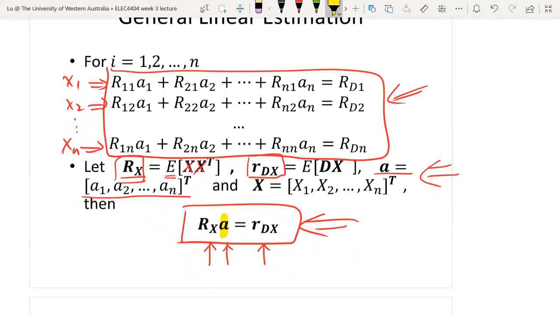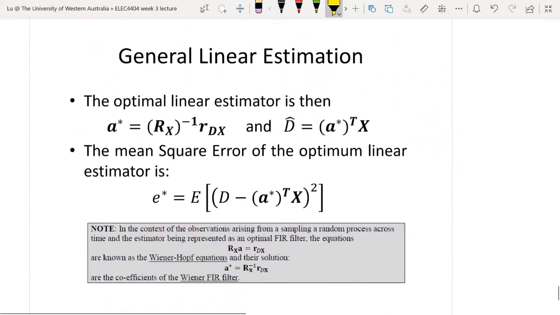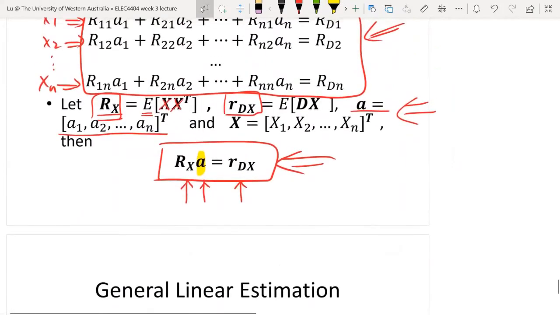But in this case, if you want to solve for A, you have to move Rx from the left-hand side to the right-hand side, so that on the left we have only A left. But how to move Rx from left to right? Don't forget, Rx is a correlation matrix, so you can't divide by it. You have to use Rx inverse.